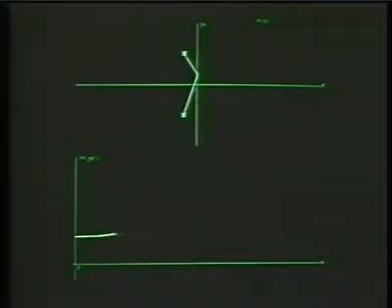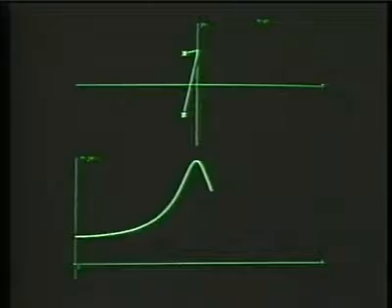Now as omega increases further, that process will continue, and in particular the pole vector associated with the pole in the upper half plane will be its shortest at a frequency in the vicinity of that pole, and so for that frequency the frequency response will peak, and we see that here.